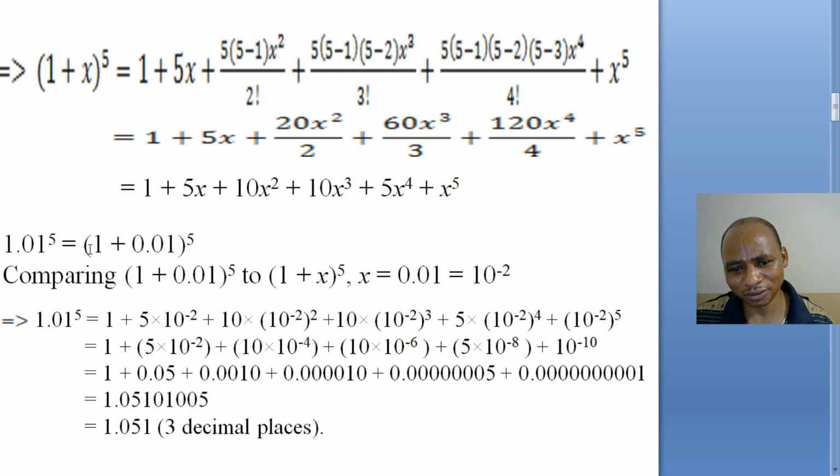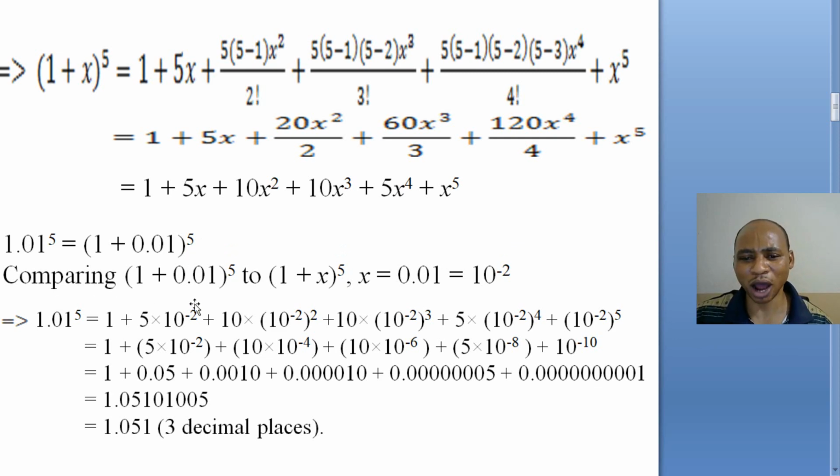And with this, we get (1 + 0.01) all raised to the power 5.